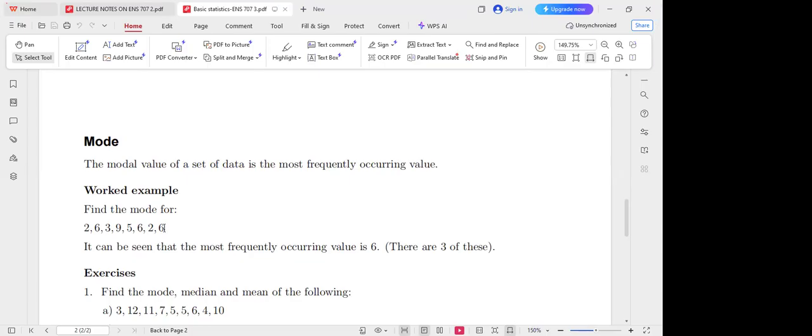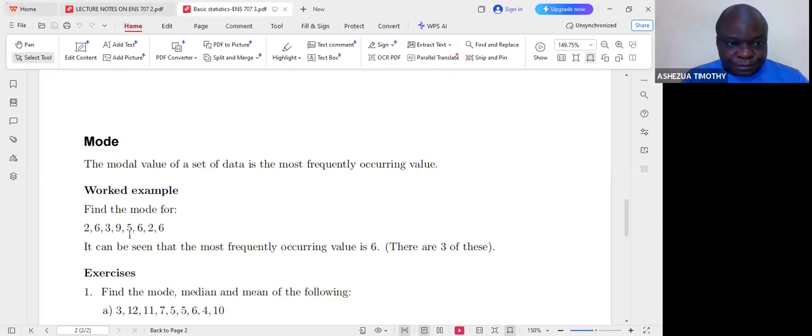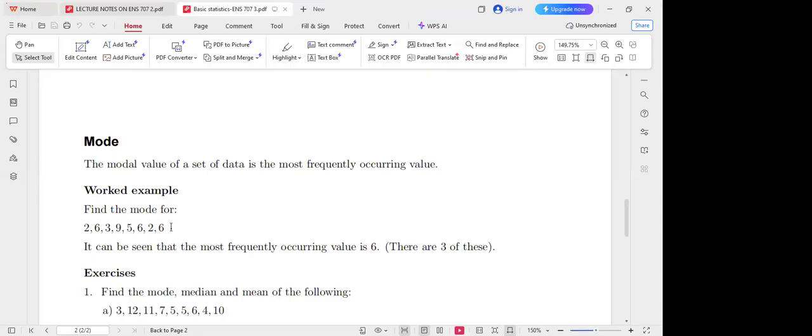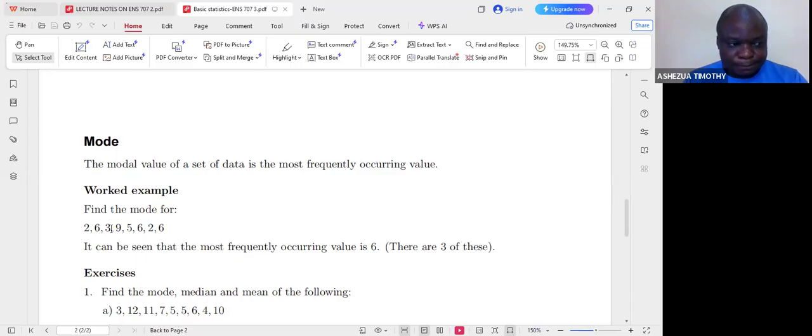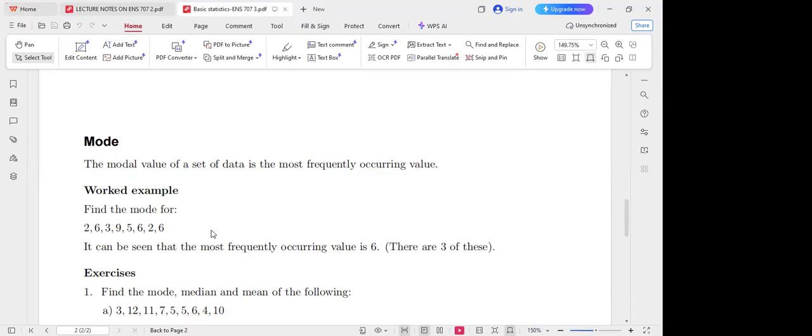Let's take this example you did for the mode. From this number distribution we have here, let's say we don't have number 9, we have number 2.